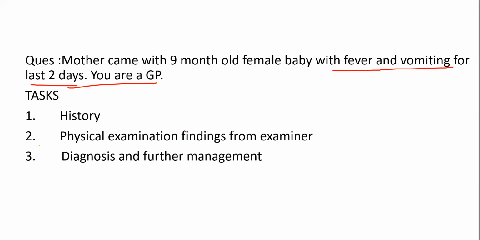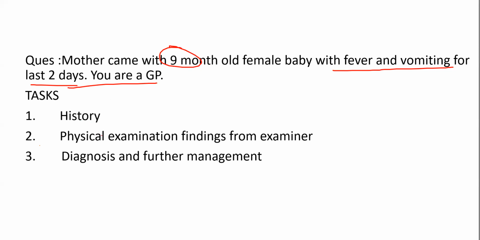Okay. So a mother coming with a 9-month-old baby. So every child who is less than 12 months is high risk, especially if they're having a fever and vomiting, because we are always concerned about septicemia. So any child less than 12 months with fever, vomiting, we should be concerned.